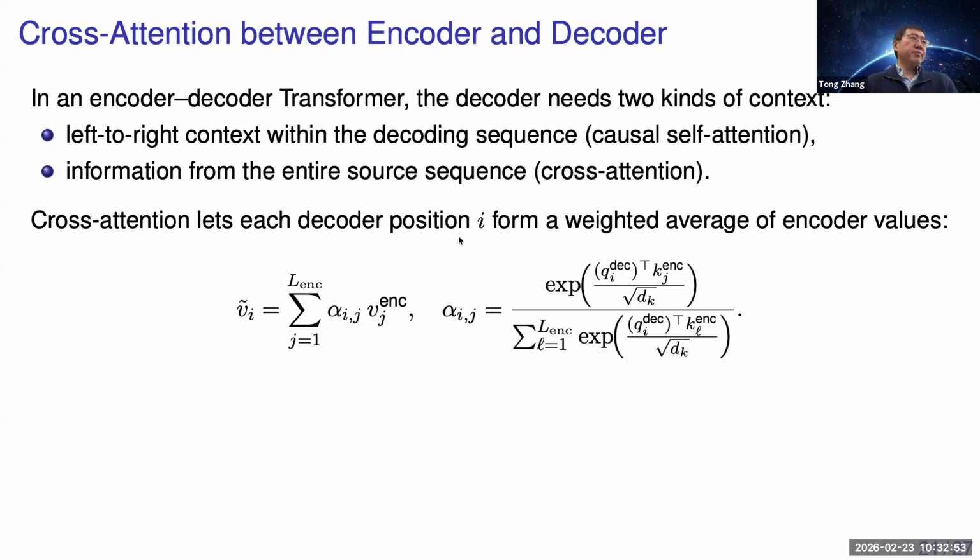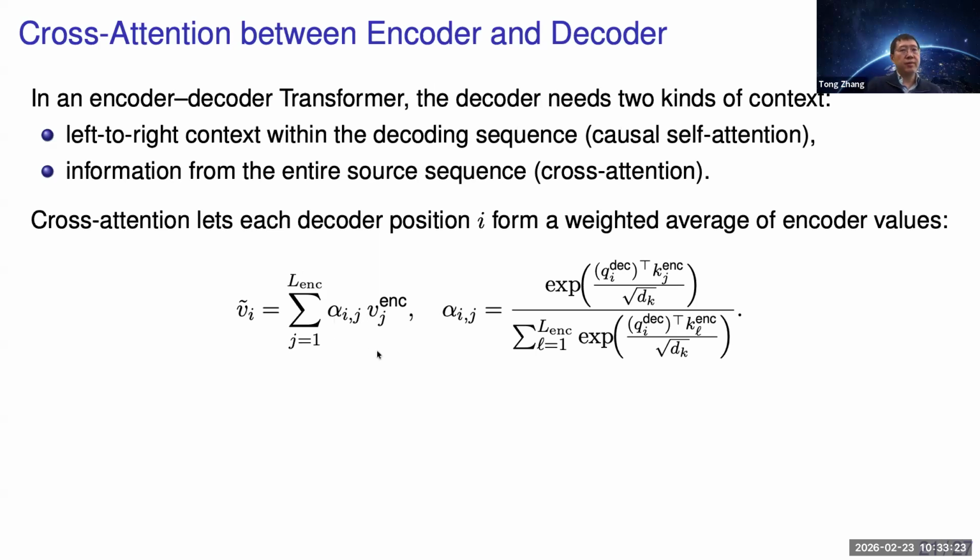Here is what it does, using the same formula. For each position, you form Q, K, V. My decoder Q does the product with the keys of the encoder, all the positions, and sums over V. So basically this is over the encoder length.